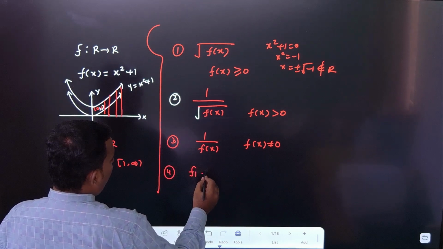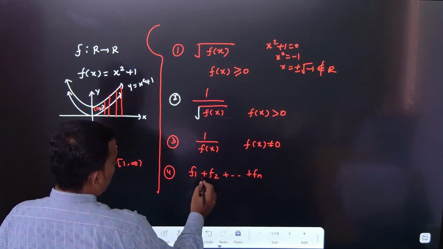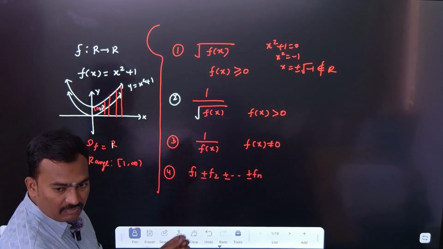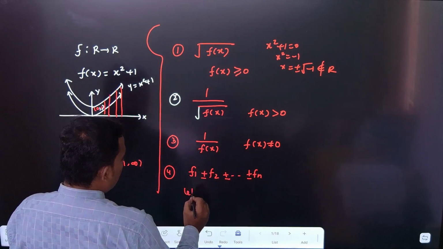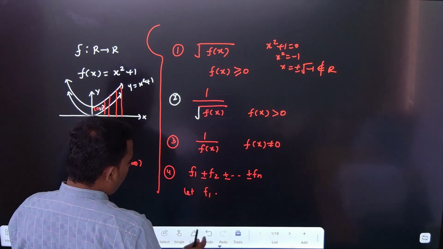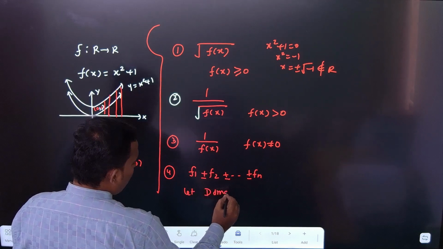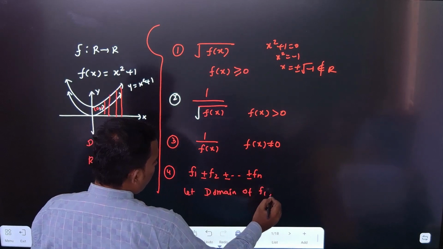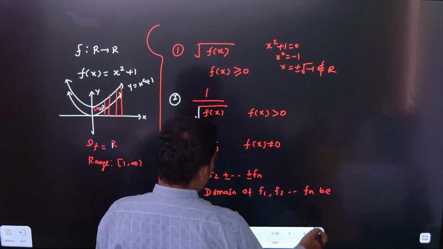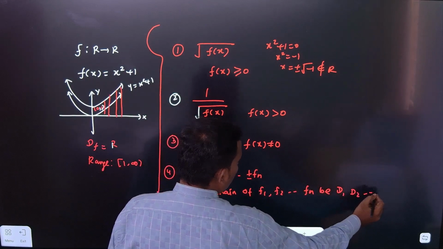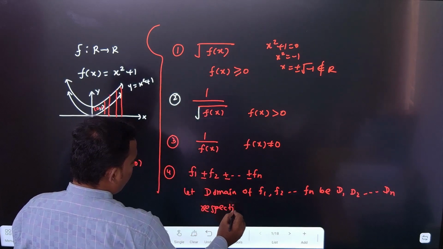Let's take the fourth one. You can take f1, f2, and so on up to fn, added or subtracted. That is, addition of n functions or subtraction of n functions. Let the domains of f1, f2 to fn be d1, d2, up to dn respectively.